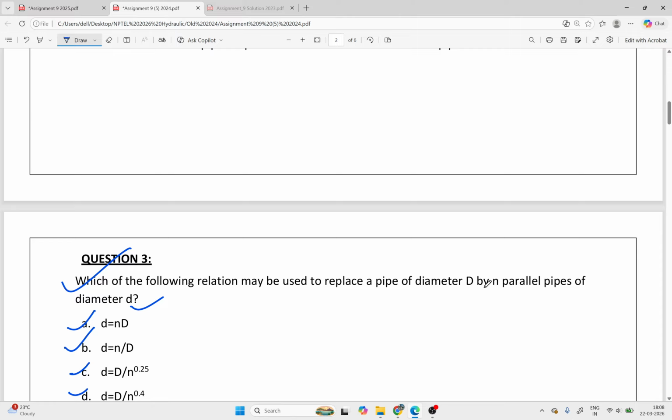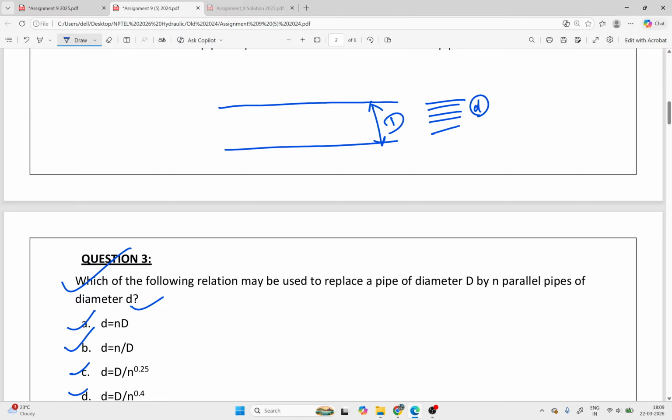Which of the following relations may be used to replace the pipe diameter D by N parallel pipes of diameter d? You have one pipe of diameter capital D like that. Now you need to replace this pipe with multiple parallel pipes of small d.